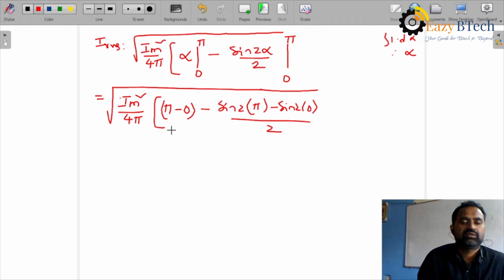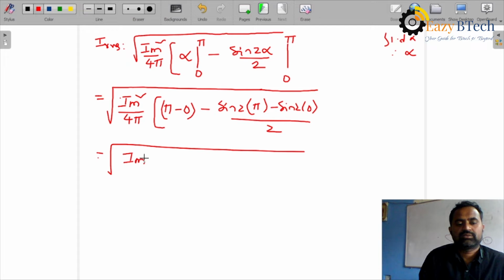Now you can see here, Im square by 4 pi, minus this sine 2 pi is 0, minus sine 2 into 0, sine 0 is 0, by 2, it is 0, this term is 0.